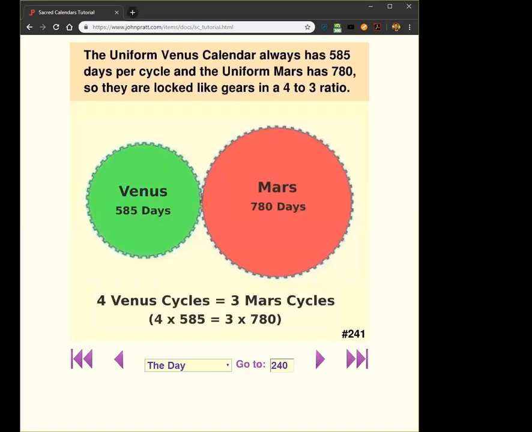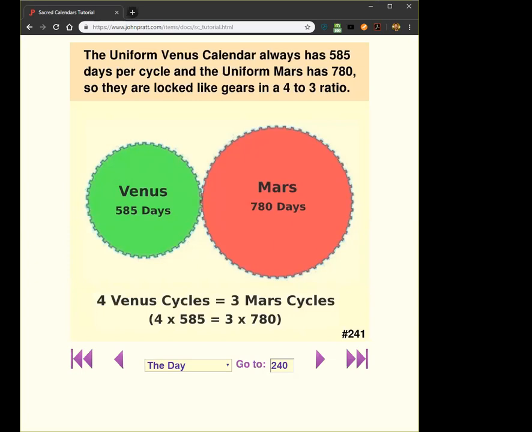This shows how in the uniform versions that Venus and Mars are forever locked in a 4:3 ratio. The uniform Venus calendar has 585 days in each cycle, always. The uniform never has intercalation. It does not actually follow the planet. The uniform Mars has 780, which is very close to the true, but not exactly.